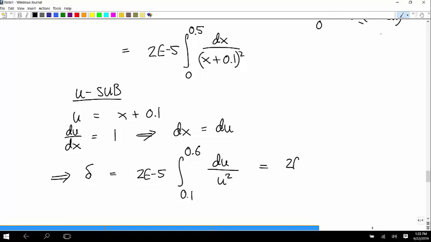And so that's 2 times 10 to the minus 5 times negative u to the minus 1, evaluated from 0.1 to 0.6.